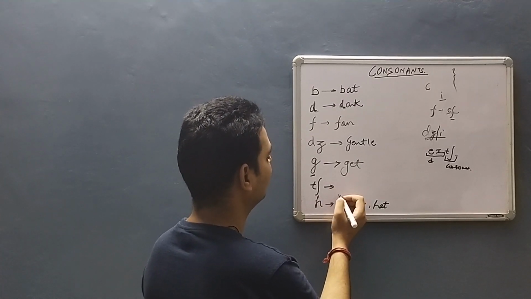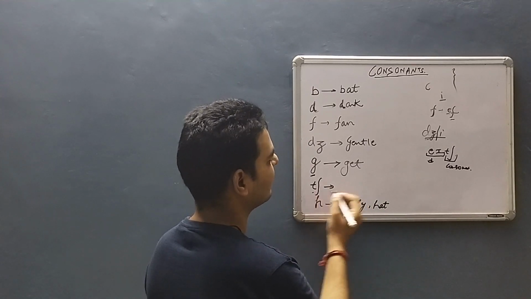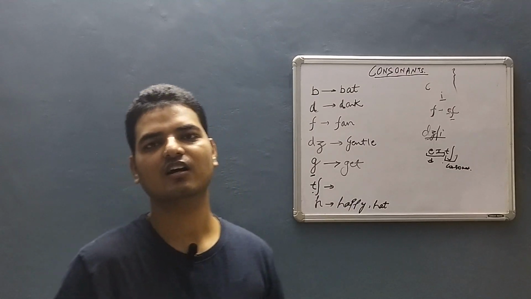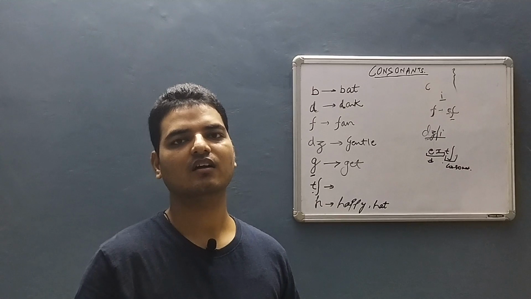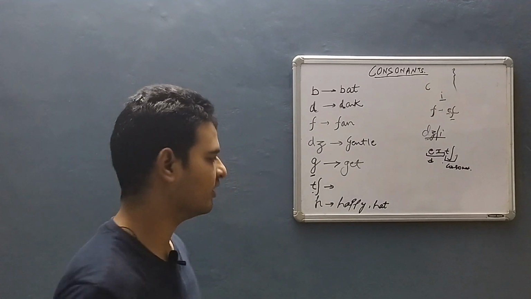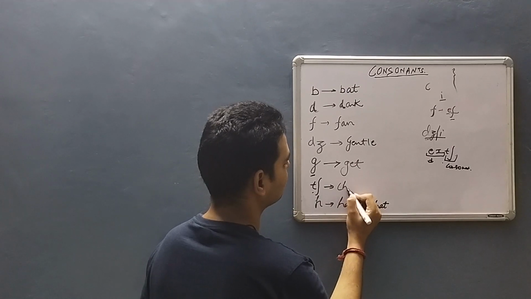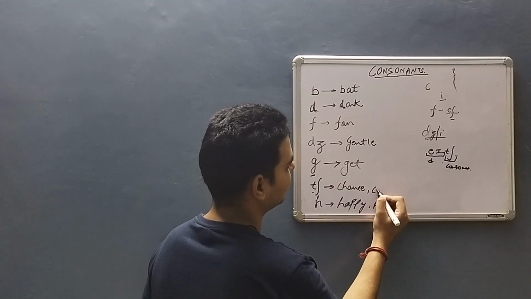The Ch sound, we understood here as well. We can understand it with chapter or chain, chance, in this way. Just write it as chance, chain.